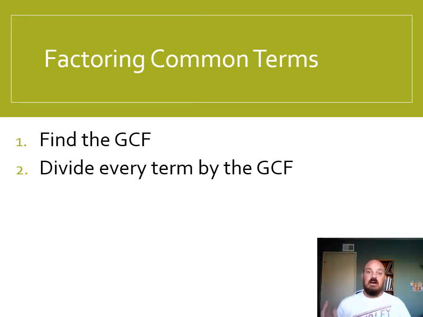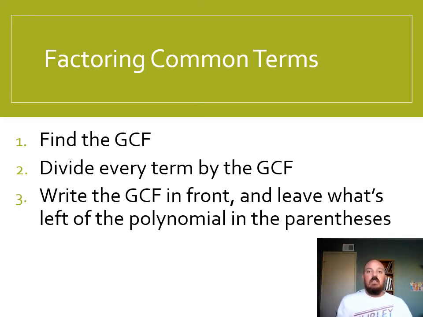Now we are going to divide to take it out. So we're going to divide every term of the polynomial by that GCF. Then when you divide it, remember we're doing distributive property backwards. It comes out front. So you're going to take that GCF and write it in front of the parentheses. And inside the parentheses, after you do the dividing, you're basically done. That's what's left over inside the parentheses.